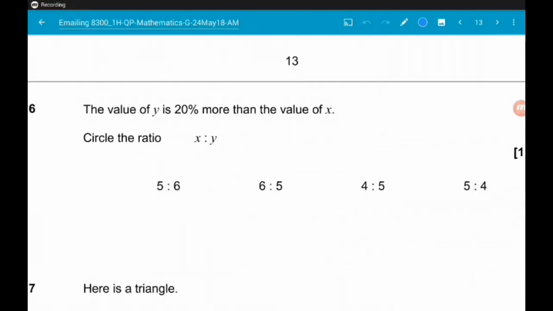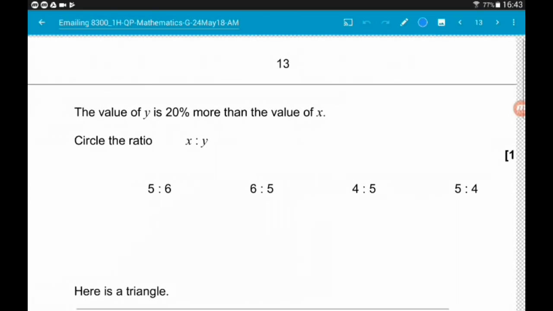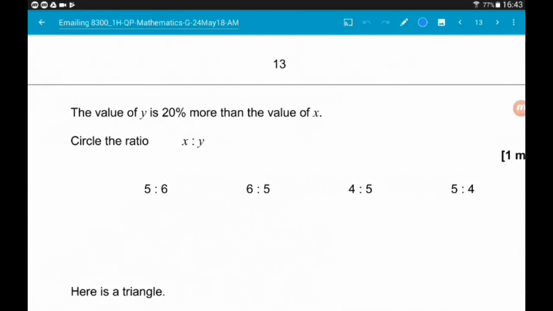Number 16. The value of y is 20% more than the value of x. We want to circle the ratio x to y. So a nice way to do this is to pick a nice number that works well with percentages. So we're going to say that x is equal to 100. 20% of 100 is 20.